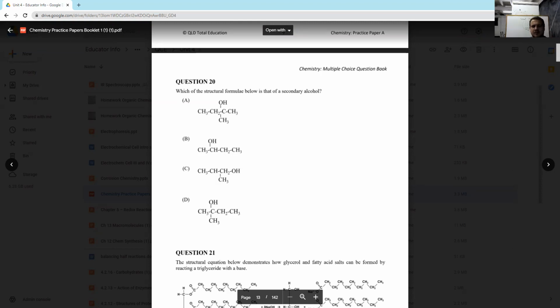Okay, so a secondary alcohol is an alcohol where the carbon that it's attached to is directly attached to two other carbons. So A is 3.